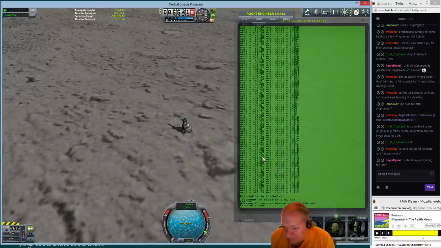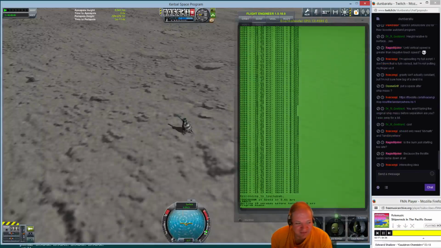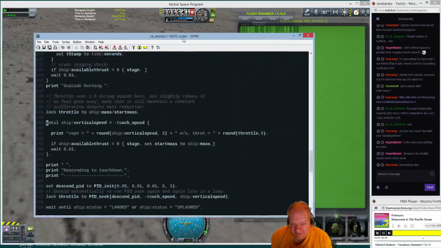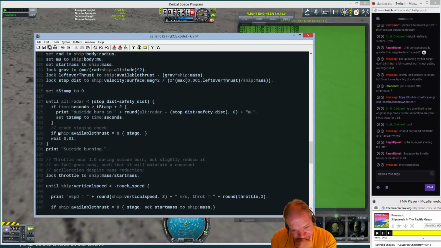Well, if you look at the rate here, it looks like maybe it's just a matter of the slight delay in the loop, that it takes a little too long to detect it. I mean, this is the loop that detects when to start the burn, right here.